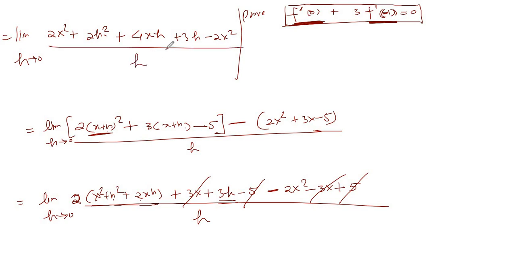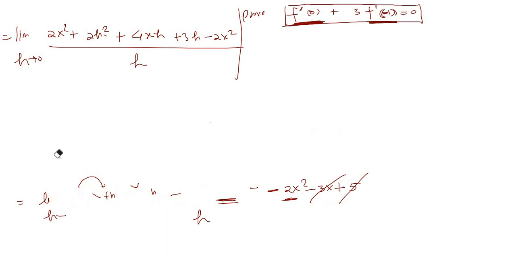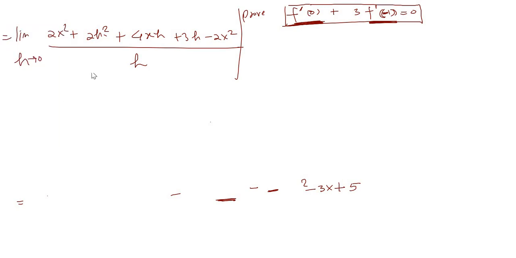This is what we are getting. Everything else is gone. This 2 is multiplied here, here and here. Anything cancelling here? Observe carefully. Do you think anything is cancelling here? I feel 2x squared is cancelling.